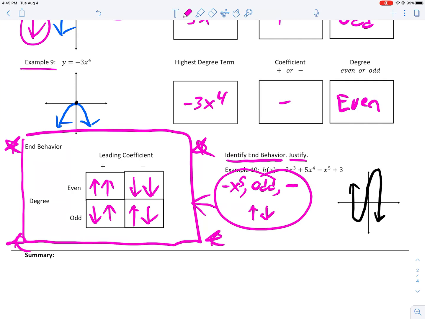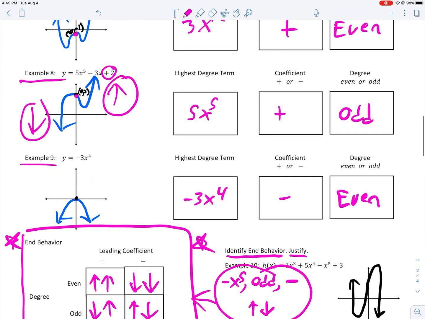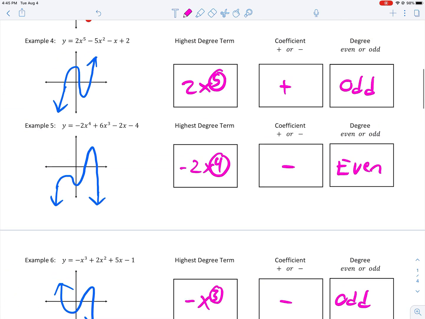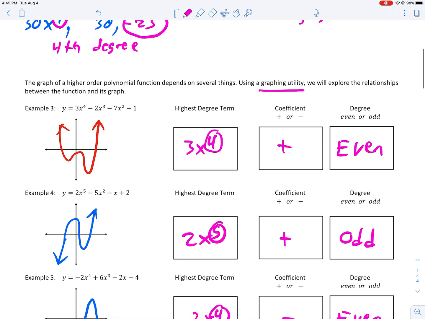So you really want to understand the end behavior. Again, you find the term with the largest exponent, that would be the degree, and then you look at the coefficient. Is it positive or negative? So when you're done, on all these graphs, I didn't expect you to be able to sketch it perfectly.